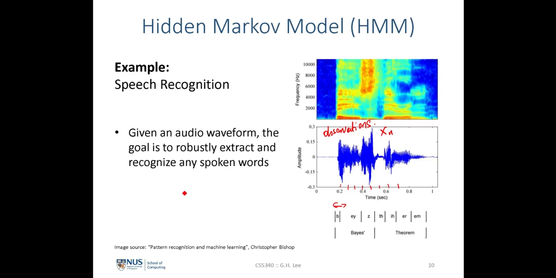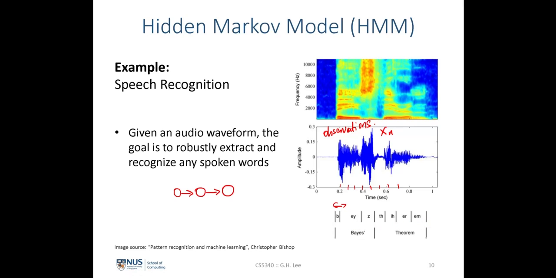And now what we want to do is model this using the hidden Markov model, where the latent random variable corresponds to the particular word in English that we are speaking. For example, Bayes' theorem, and in this case, this can be broken into a few segments in the pronunciation.